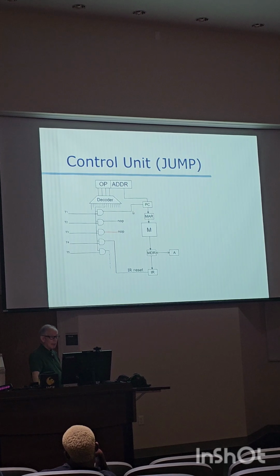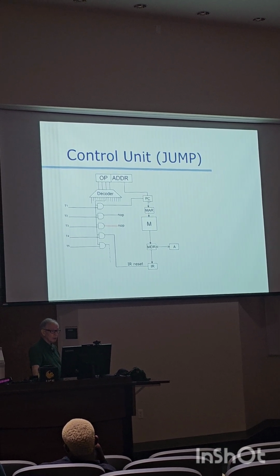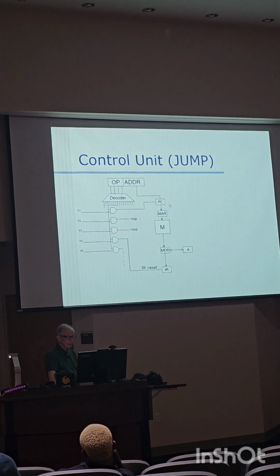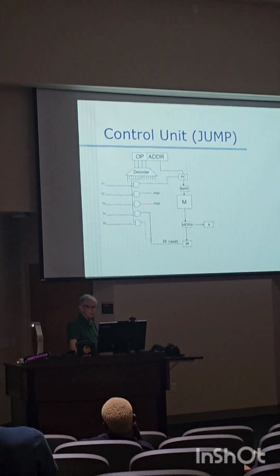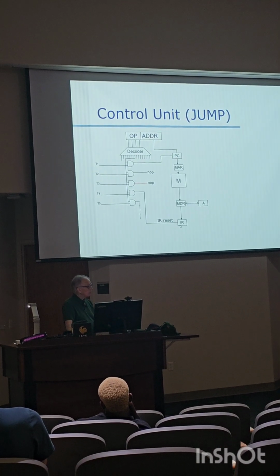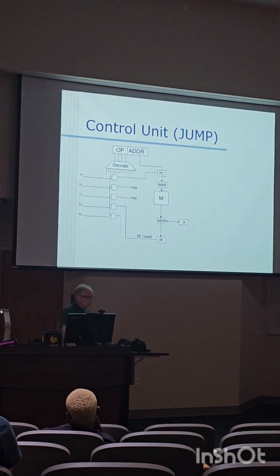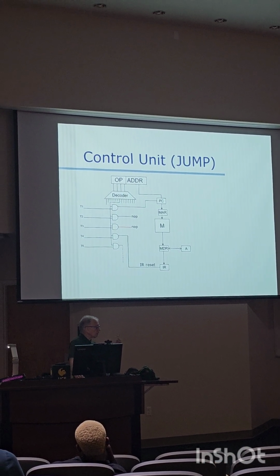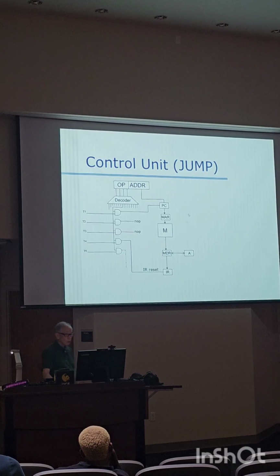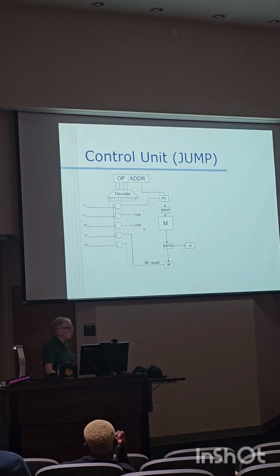And then jump only needs to execute this step, and then reset at the end to go back to the fetch cycle. And all the instructions in our computer take 4 steps, 4 clock ticks. So we need to have these two as no operation.